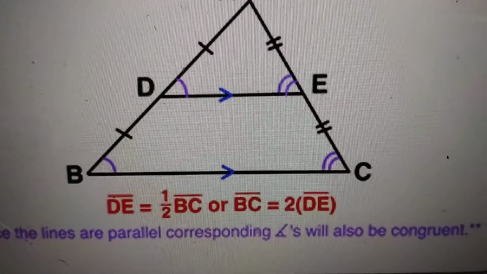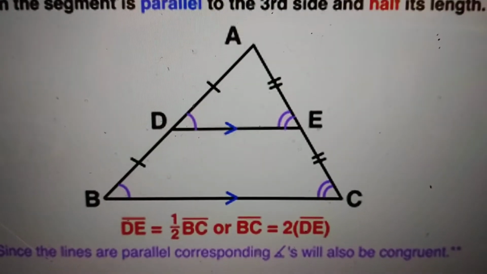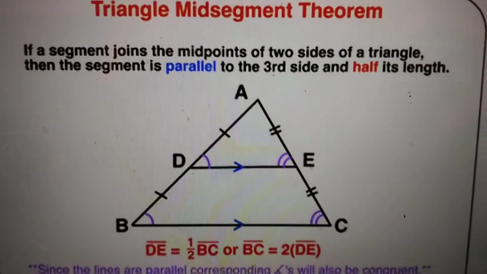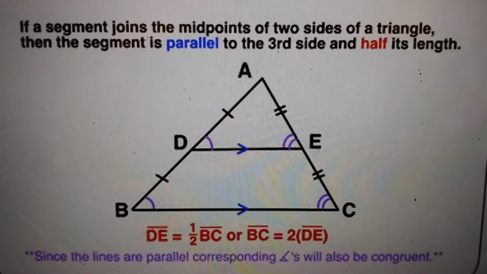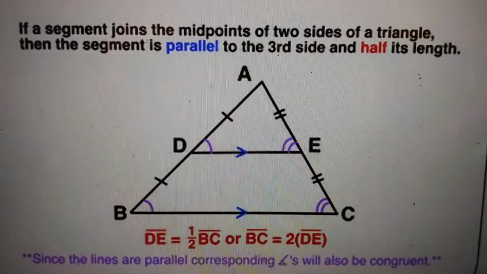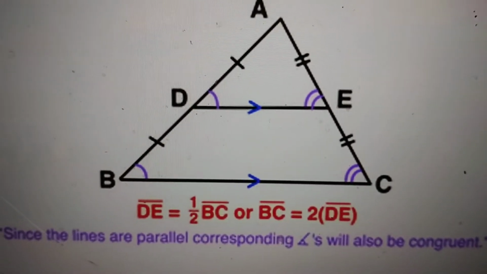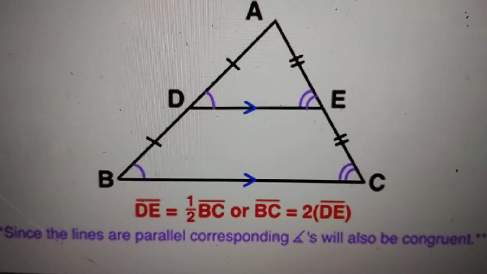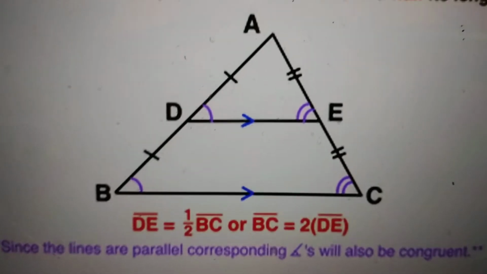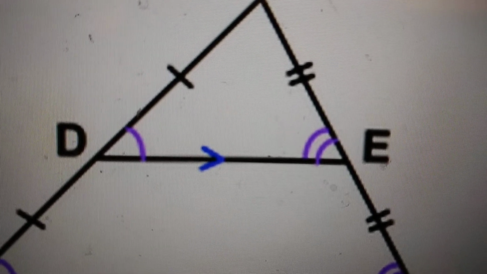So DE is always half of the side BC, but this theorem holds only when D and E act as the midpoints of AB and AC respectively. So we can say that DE is half times BC, or BC is twice DE. Why mid-segment? Because DE is the segment made with the help of the two midpoints D and E.